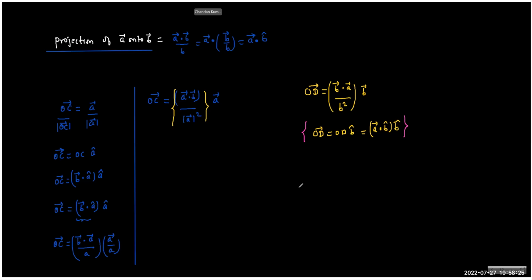Okay, so now time has come to solve some numericals. But no, one more difficult part. I have to do the difficult part. So sometimes we have something called orthogonal projection. So this is called the projection along the vector.